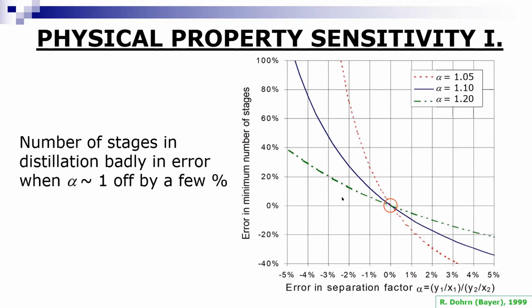And this is what you get with different values of alpha. For example, this is 1.2, and this would be 1.05. And this is how much of an error you can make in terms of percentage. So the sensitivity to the value of alpha is very high, particularly when alpha is close to 1.